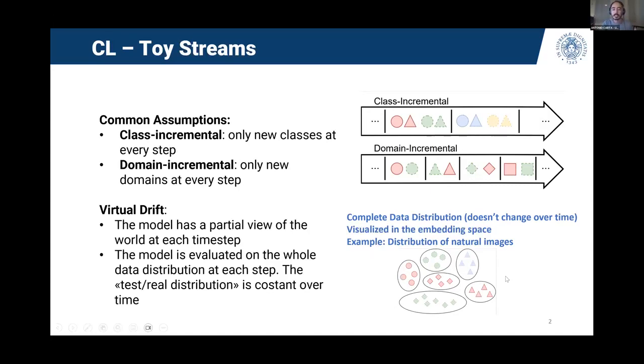Like here, it's visualized in the embedding space and split by domains. For example, think about natural images. If you have a dog, the concept of a dog is constant over time. So a dog in the present, in the past, or in the future is always the same thing.